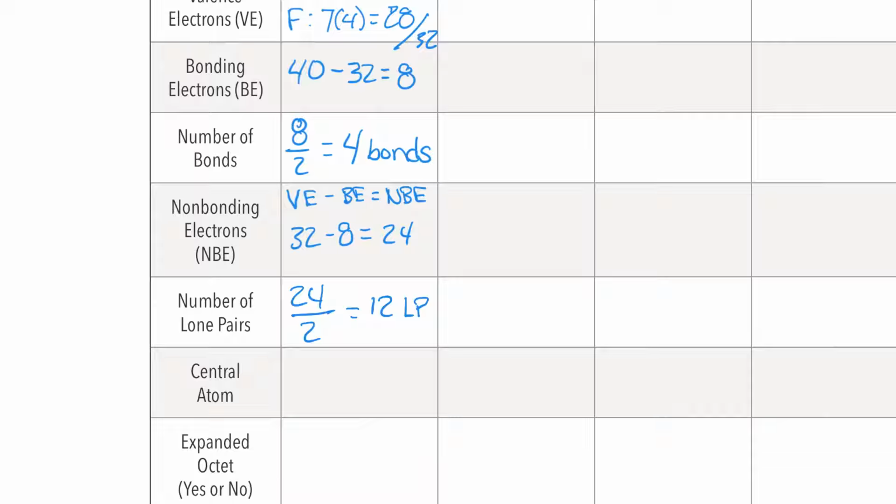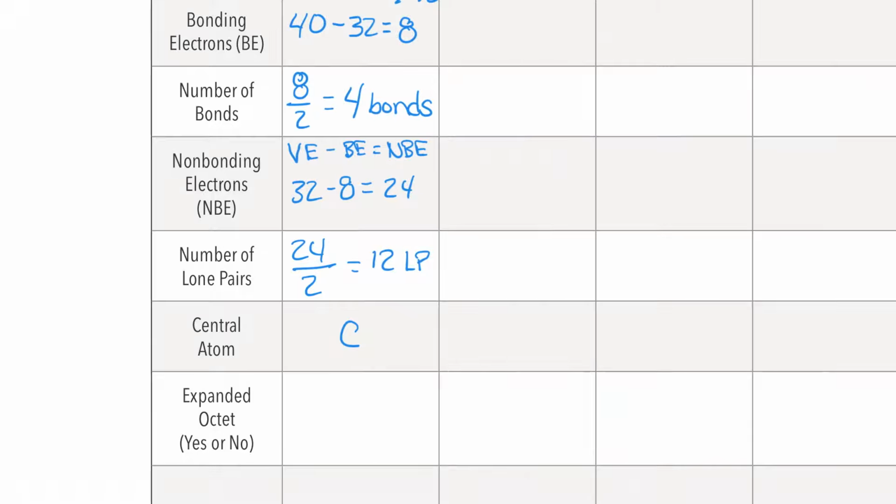Our central atom is always going to be the least electronegative atom, as long as it's not hydrogen. Fluorine is the most electronegative, so it's going to go around the outside, with carbon as our central atom. In order to figure out if we have an expanded octet, we have to look at the number of bonds.